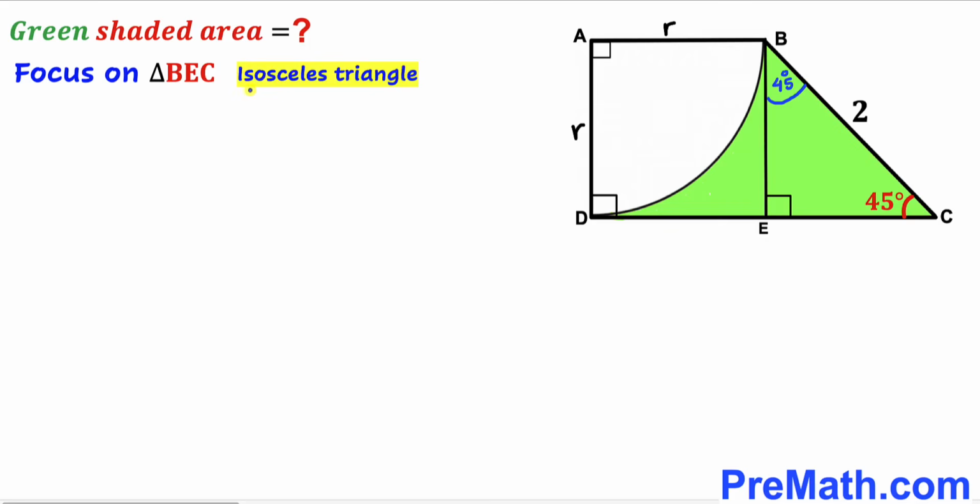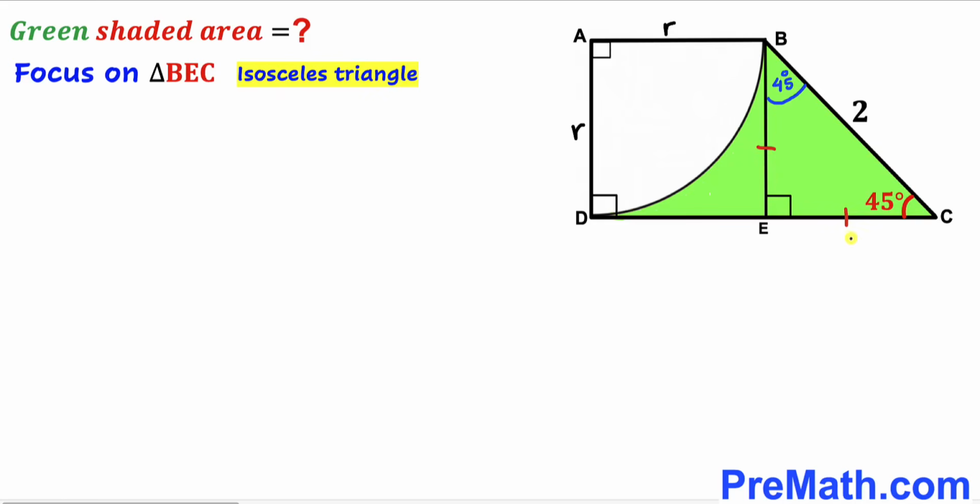So therefore we conclude that this triangle BEC is an isosceles triangle, since this angle is 45 degrees and this angle is 45 degrees as well. So therefore we conclude that this side EC has got to be equal to this side BE.